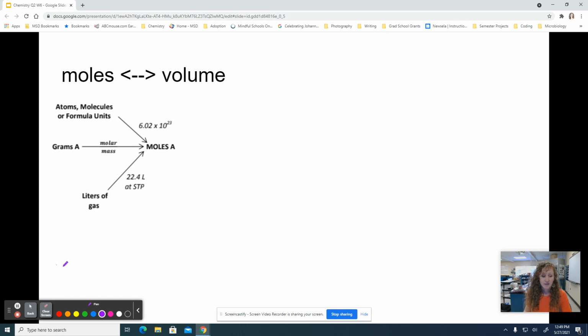All right, so we have talked about molar volume converting from liters to moles for a gas only. The conversion factor we're going to talk about today also goes from volume to moles, but instead of being for a gas, it is for an aqueous solution. So for something dissolved in water.